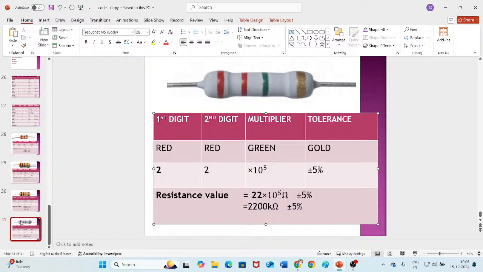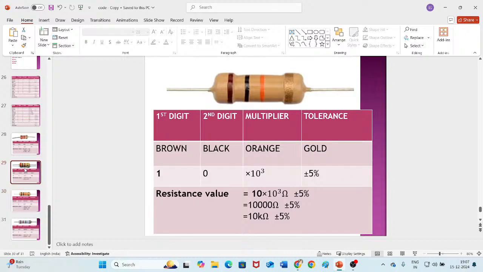So I hope you are able to follow. So this is a small table which I thought will be easy for you to write down the resistance value if you have this sort of table. So these are a few resistors.